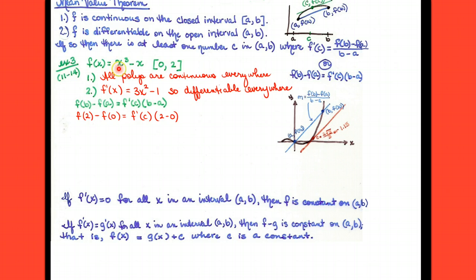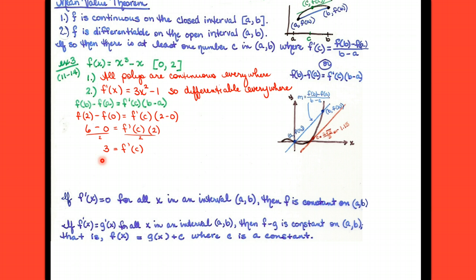So what do I get when I plug 2 in for x? 6, 2 cubed minus 2. So I'm going to get 8 minus 2, or 6. And then when I plug 0 in, of course, I just get 0. So I'm going to have 6 is equal to the derivative times 2. Let's divide both sides of that by 2, and I'll get the derivative is equal to 3.